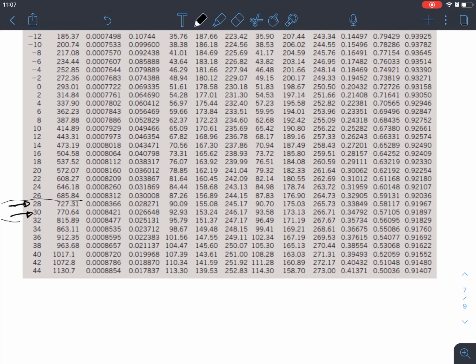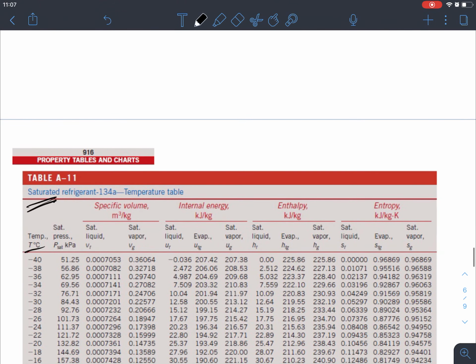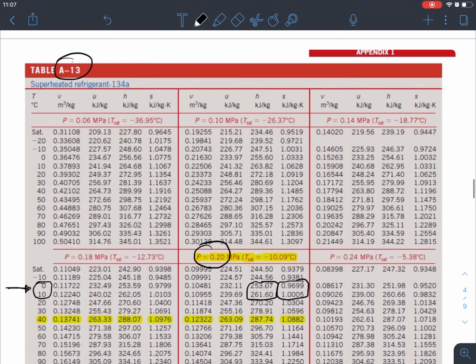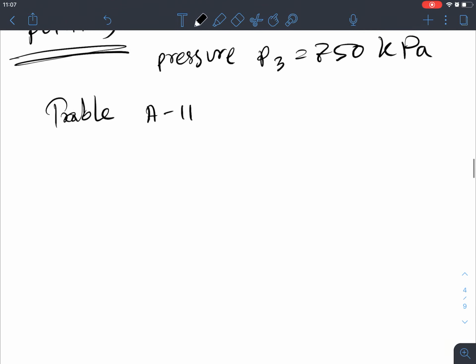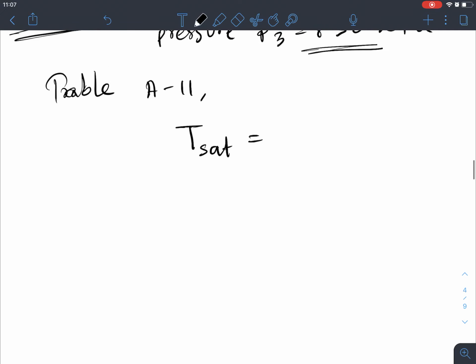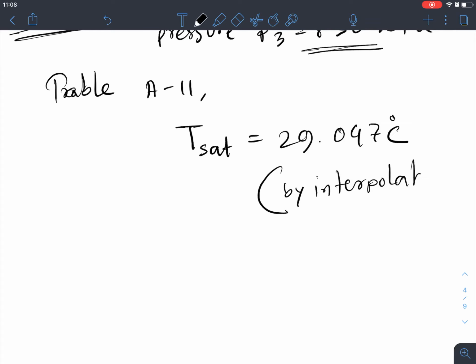So if we interpolate between these two, we'll get the saturated temperature. From the table, with respect to 750 kilopascal, the saturated temperature is 29.047 degrees Celsius, and we got this by interpolation.